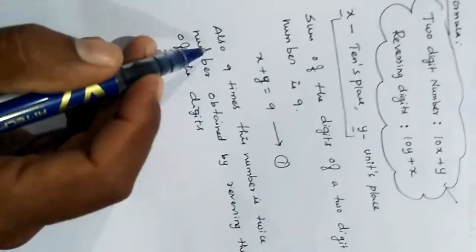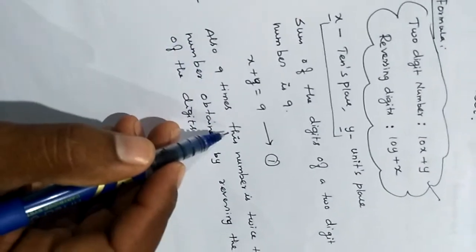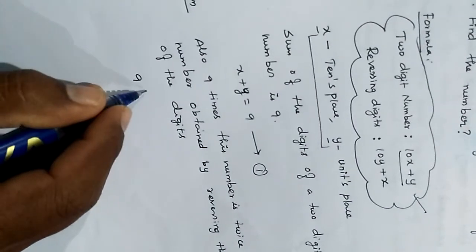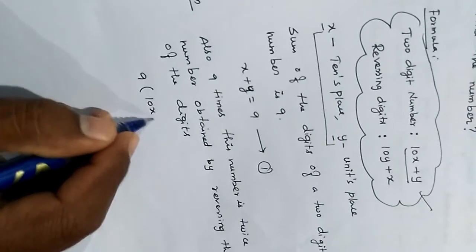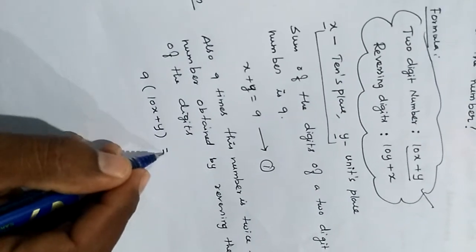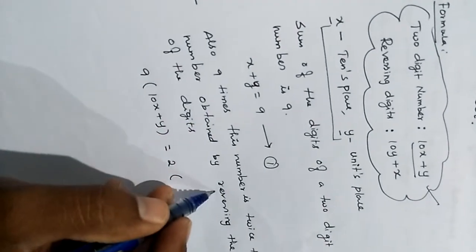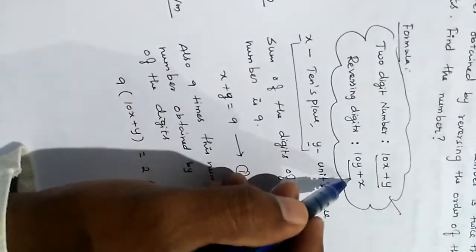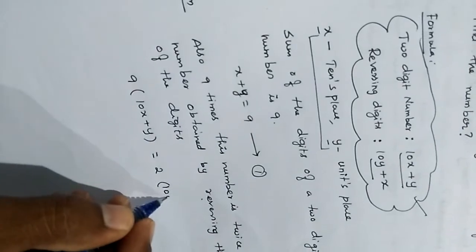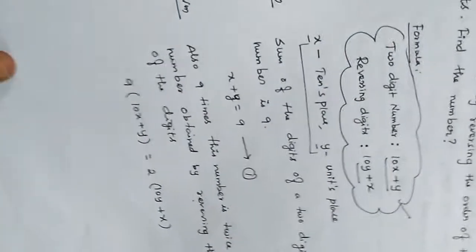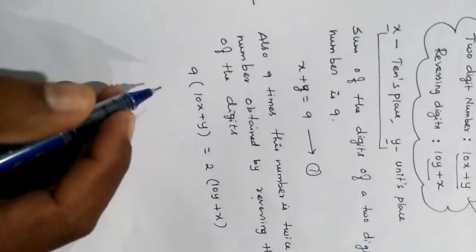This number means the 2-digit number. So 9 into this number is equal to twice, meaning 2 times, the number obtained by reversing the digits. Reversing the order gives 10y plus x. Now simplify this, and you will get one more equation.